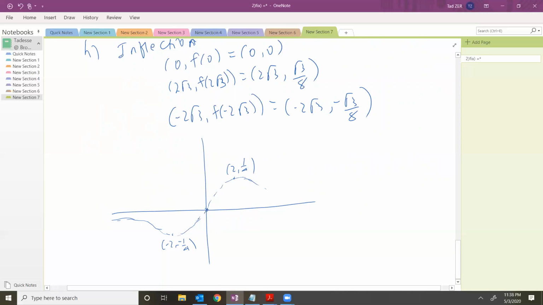This is the x and y intercept, which is (0, 0). This is where it changes concavity, which is -2√3, -√3 over 8. And this is another place where it changes concavity, which is 2√3, √3 over 8.